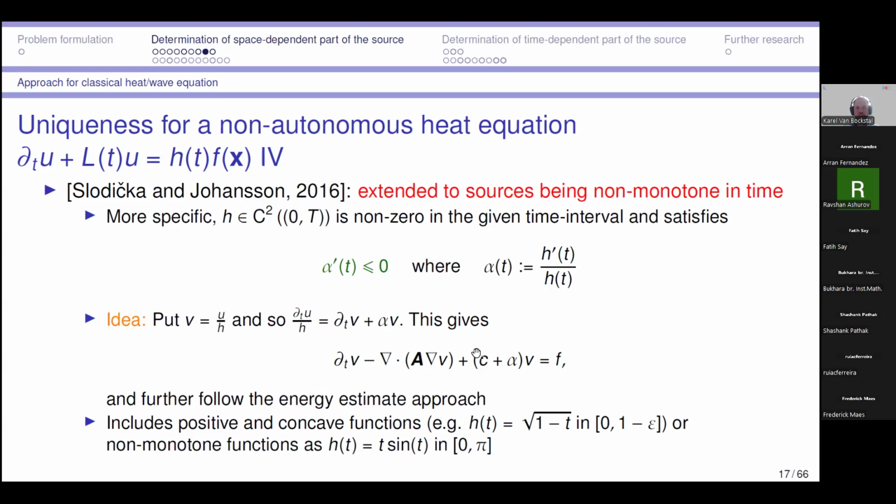So now we need that the time derivative of c plus alpha is negative, and for this they assumed that alpha prime is negative.